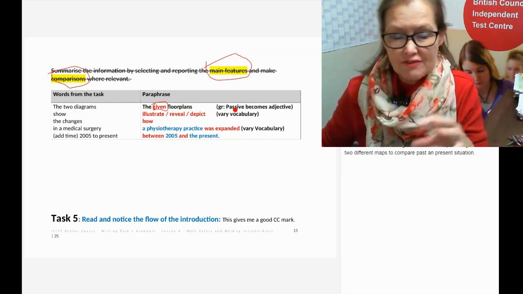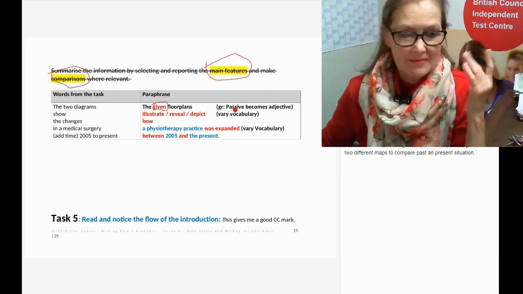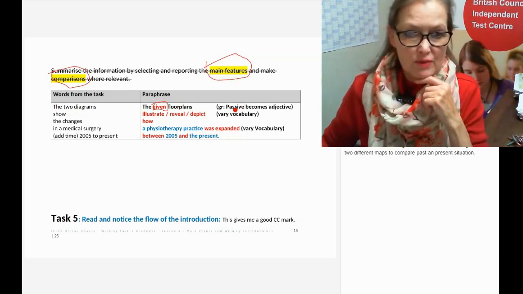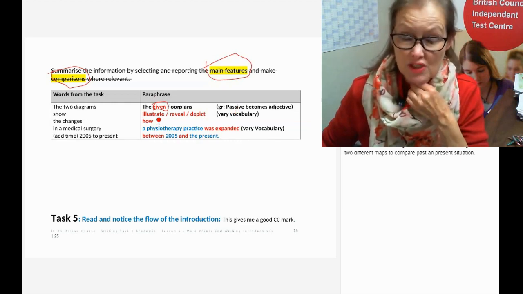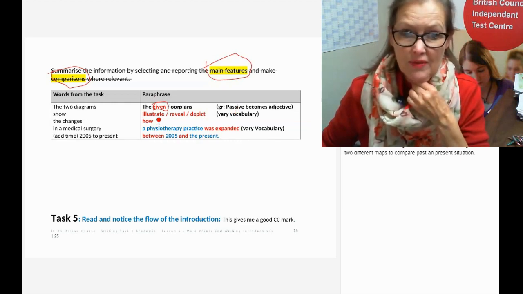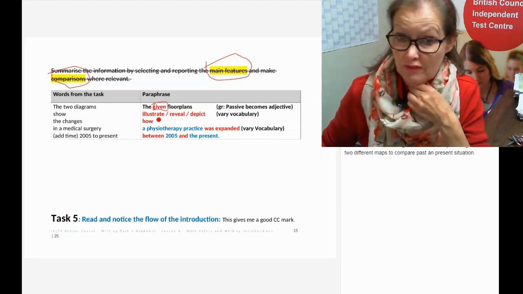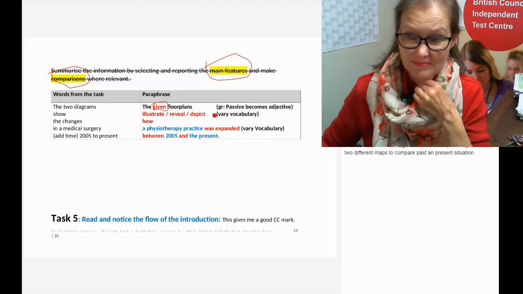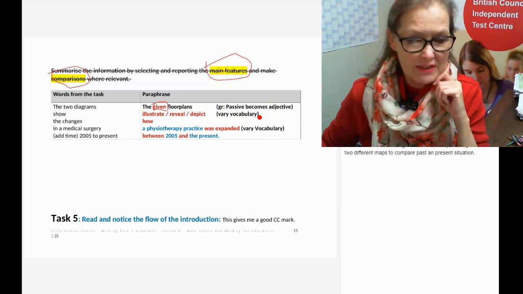And because it's in front of my noun, it becomes an adjective, the given floor plans. And I've got 3 different words that you can use there instead of show, illustrate. The given floor plans reveal, or the given floor plans depict. So this is one example of how I can vary my vocabulary.